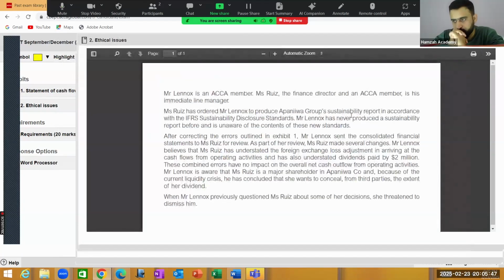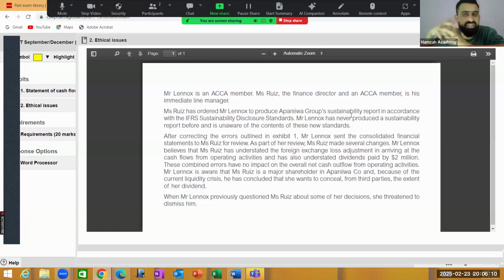Dear student, the first possible ethical issue we have relates to the sustainability report, where the immediate manager has asked Mr. Linonix to produce a sustainability report.